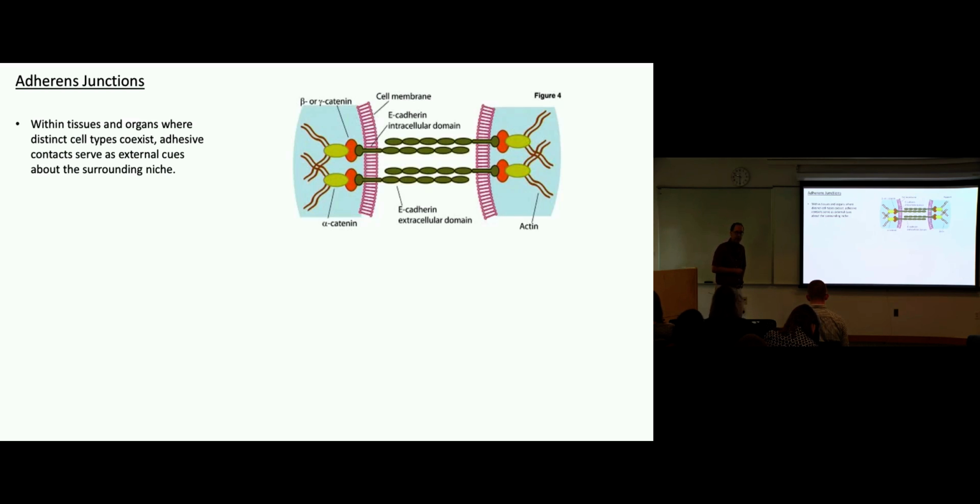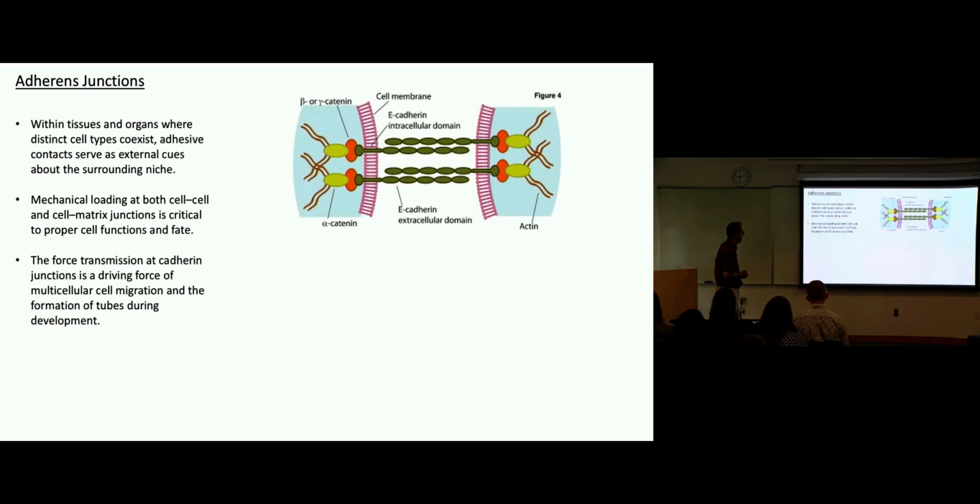This is how cells find each other. These are how cells put mechanical loads on each other, relevant to each other, without using the extracellular matrix. Mechanical loading at cell-cell and cell matrix junctions is critical for proper cell function and fate. Force transmission at adherens junctions is the driving force of multi-cell migration and the formation of tubes during development.